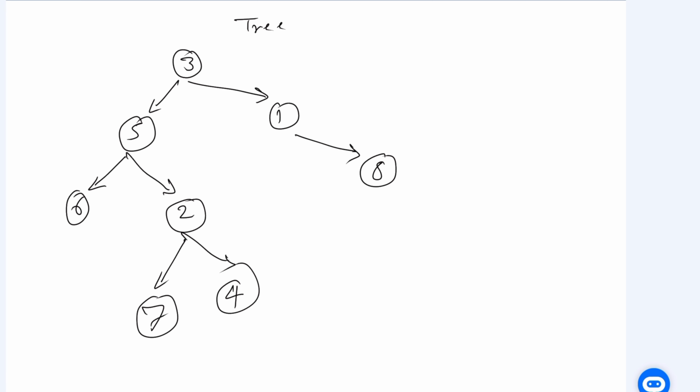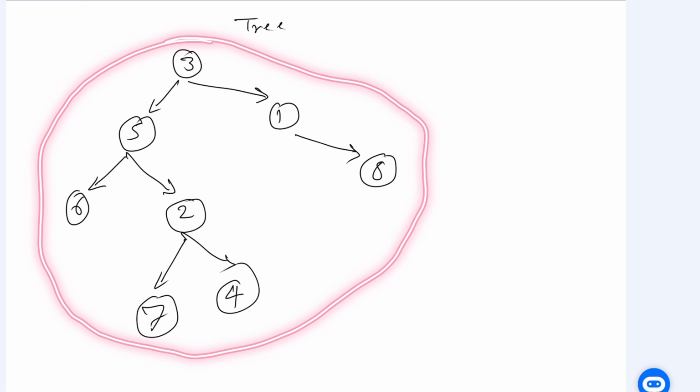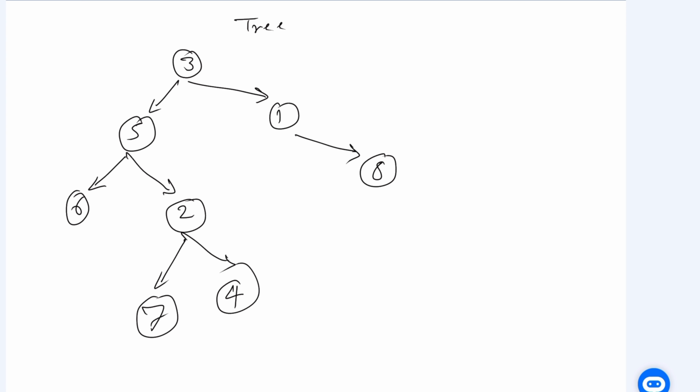Now very first I will tell what we need to do: we should identify the deepest node. So very first think about what the level is. If I say this level, this level, this level, and this level, how many levels are there, guys?